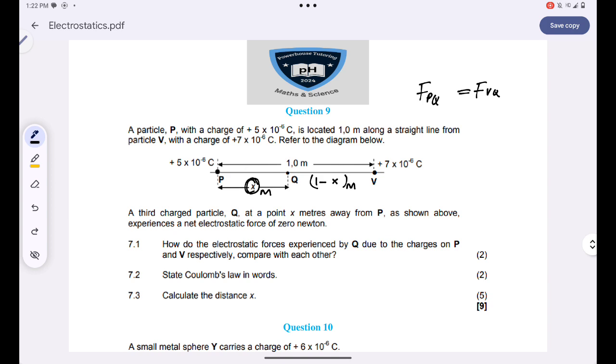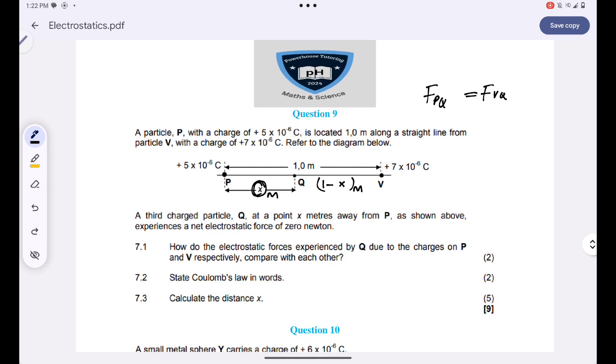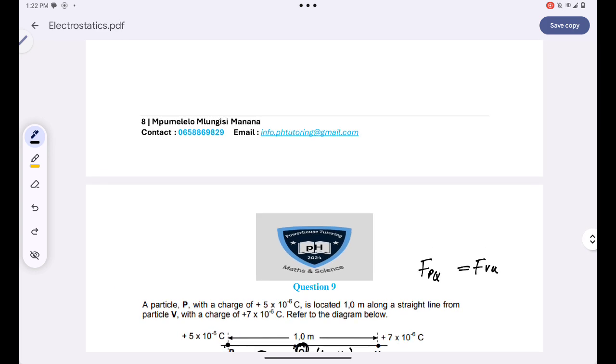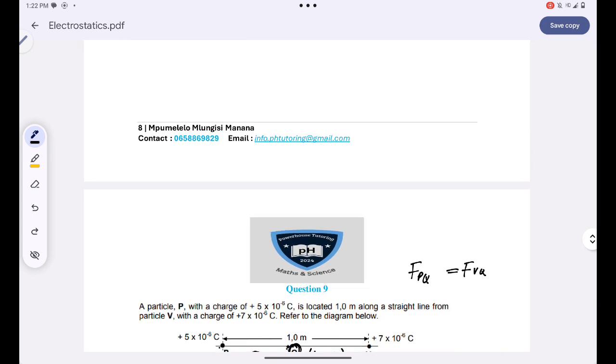I've already established that the electrostatic force between P and Q must be equal to the electrostatic force between Q and V. Why? Because this charge over here experiences 0 newtons. That means the forces are at equilibrium.